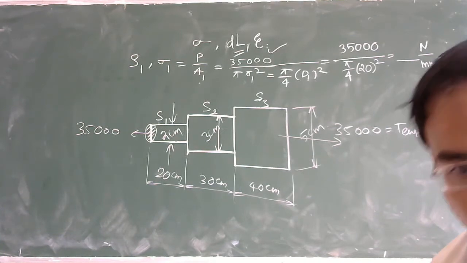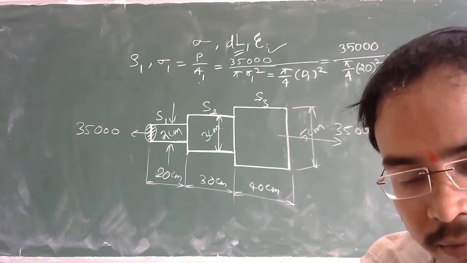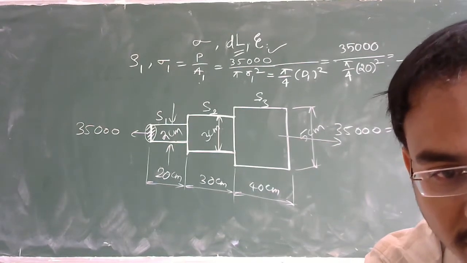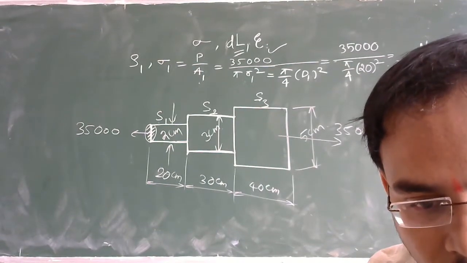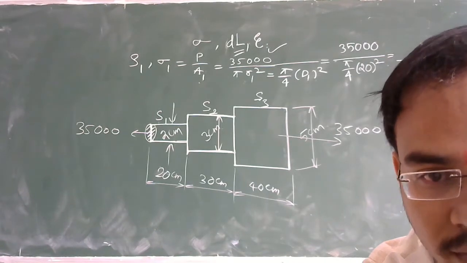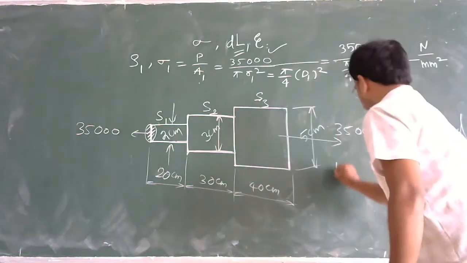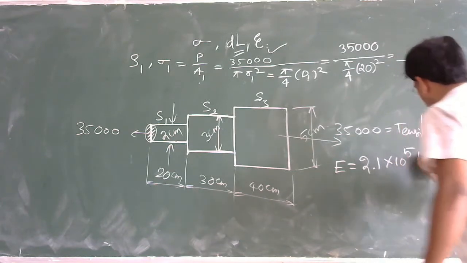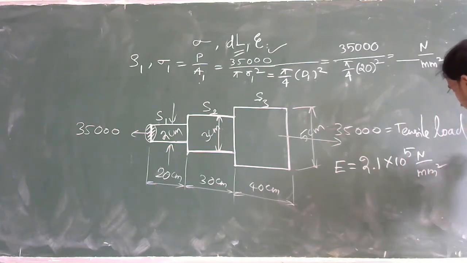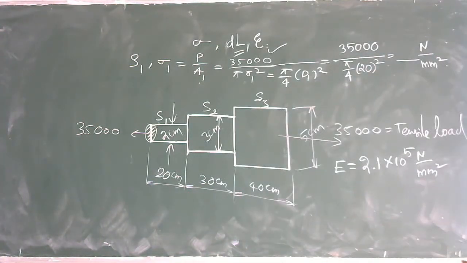See, in the problem he has given dimensions in centimeters, but for Young's modulus he has given a certain value. Young's modulus is given as 2.1 into 10 to the power of 5 Newton per mm square.